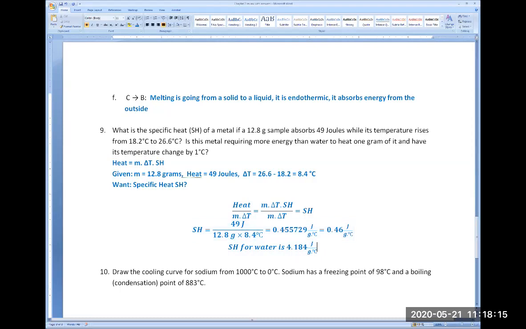So when you have a small number, does it mean you need more or less energy than water? You tell me if it's requiring more energy than water or less energy. So tell me, more or less. So the metal requires less energy than water to get warmed up by 1 degree.